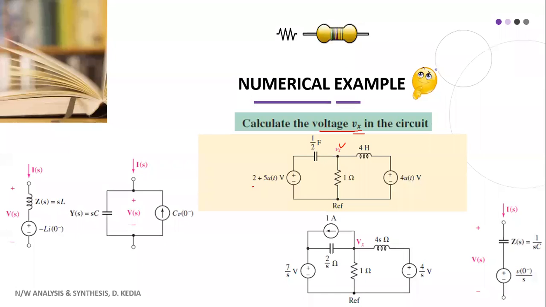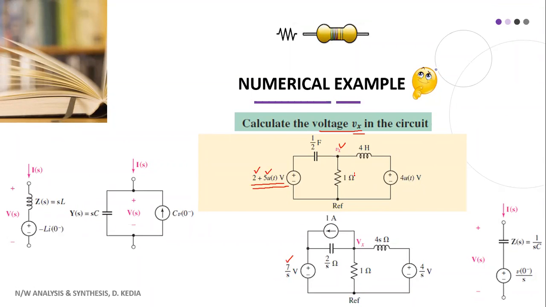Let us see first the voltage source. If you take the Laplace transform of this voltage source, 2 becomes 2 by S and 5 becomes 5 by S, so this will be 7 by S.